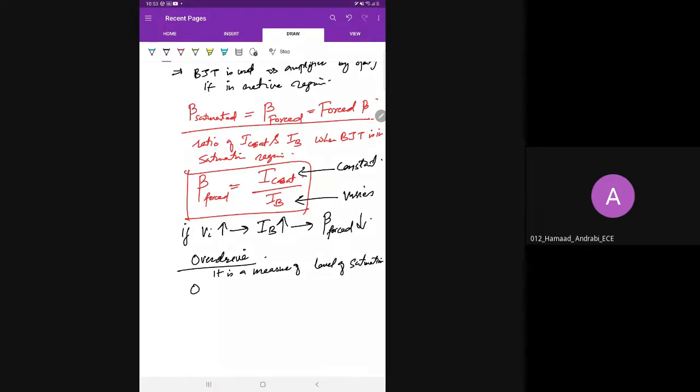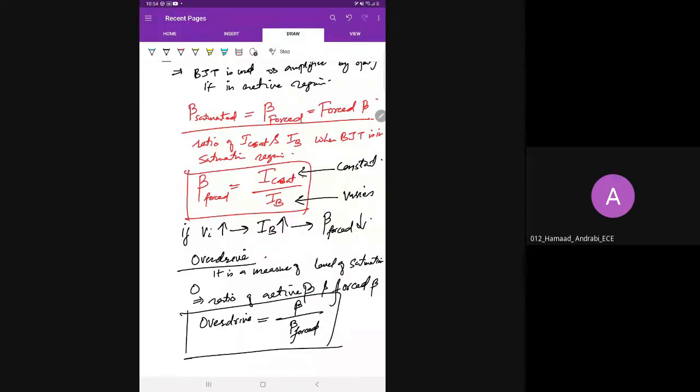So how much beta changes from the normal value gives us the measure of the level of saturation. Overdrive is the ratio of the actual beta and the forced beta. Overdrive is equal to beta divided by beta forced.